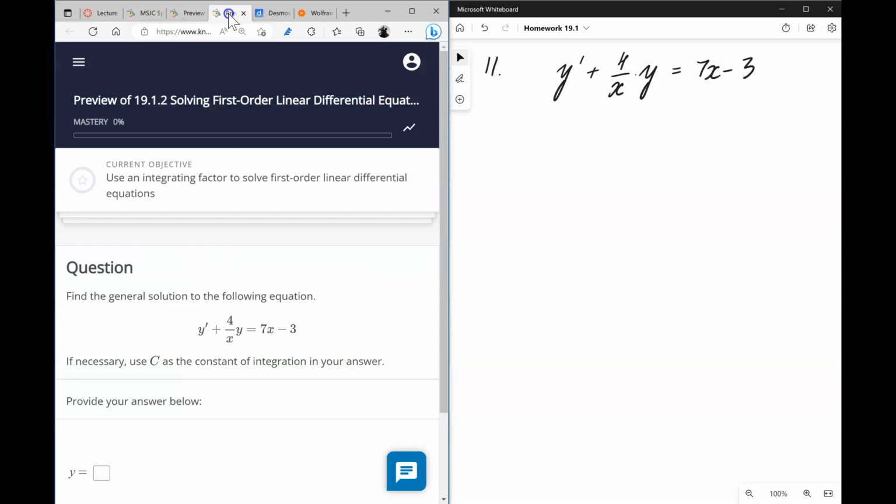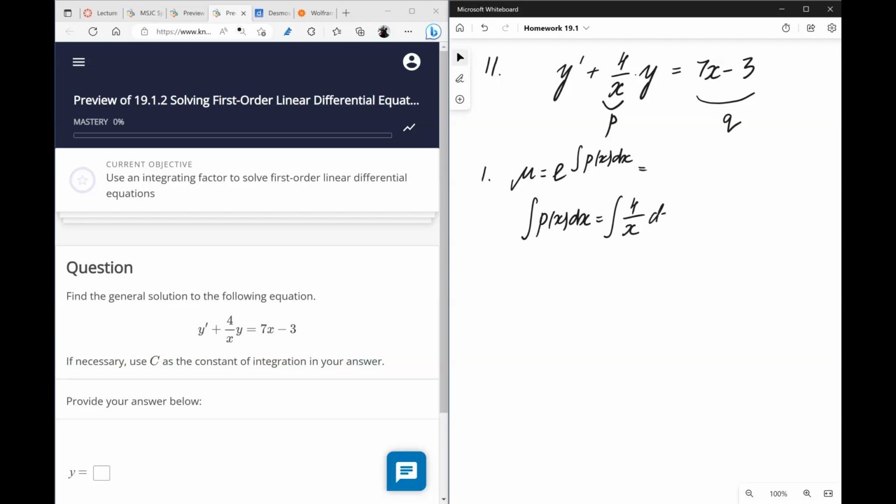So first step, identify p and q, and then find the integrating factor as e to the power integral of p of x dx. So I'm going to integrate p of x, and in this case it will be the integral of 4 over x dx.